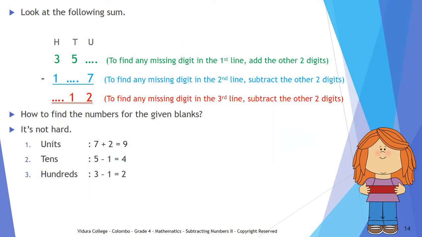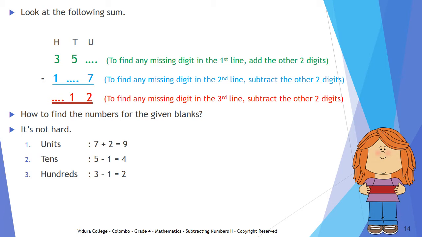Now look at the following sum. Can you see they have given some blanks? How can we find the numbers that we have to fill the blanks? Okay, I have given you 3 colors: green, blue and red. Now look at the green numbers.